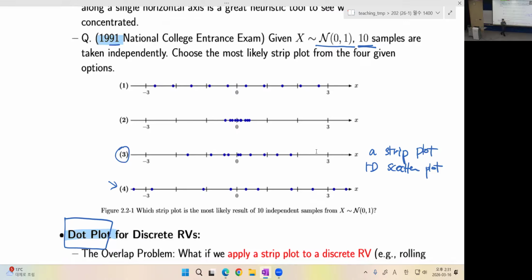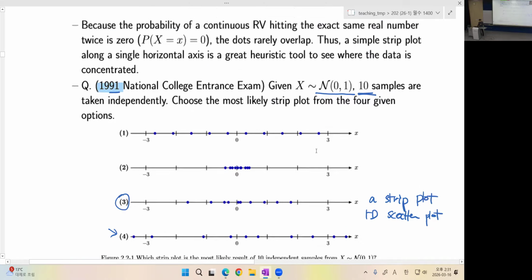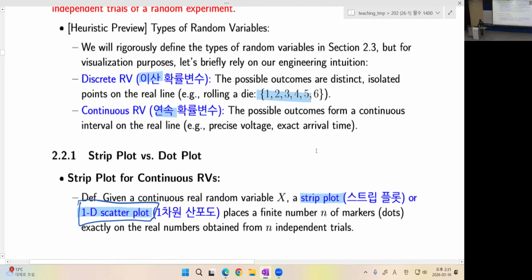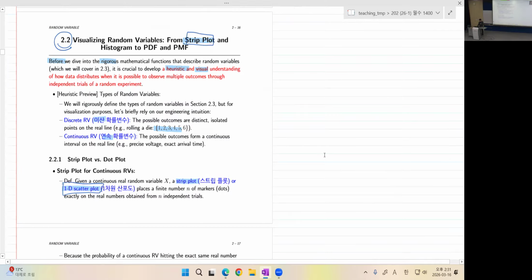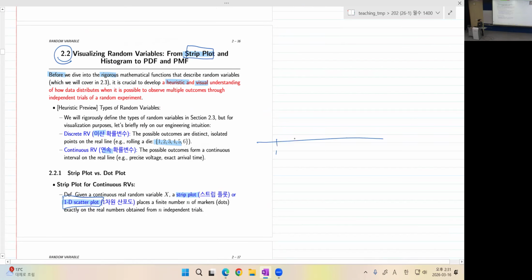However, what about if you roll an unfair die? What will happen? Or even if you roll a fair die, what happens? The possible numbers are only 6, right? And whenever you roll a die, 1, 3, 2, 6, 1, oops, right?